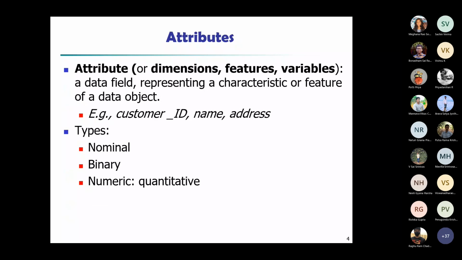Now when I say attributes, we even say dimension. So when I say high dimensional data, it means you have a large number of attributes or features, isn't it? And instances are the number of objects. So when it is a spam or ham kind of mail data, the number of emails would be your number of instances. The number of attributes would be your columns.